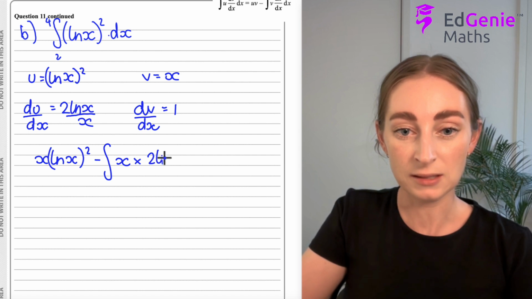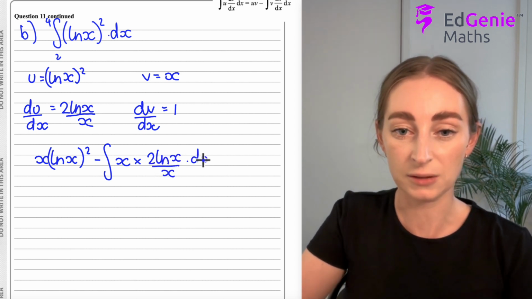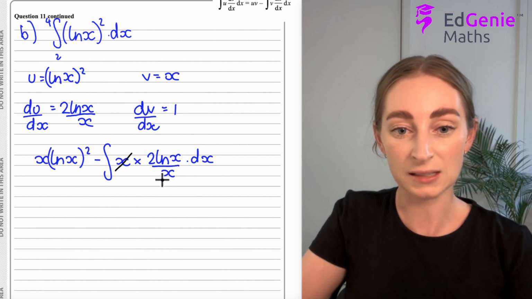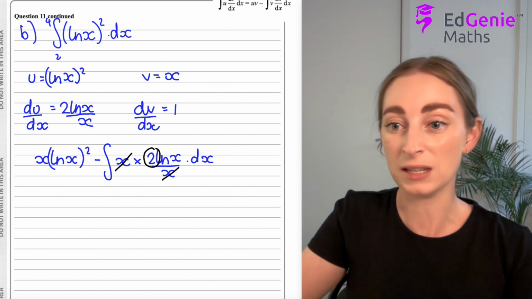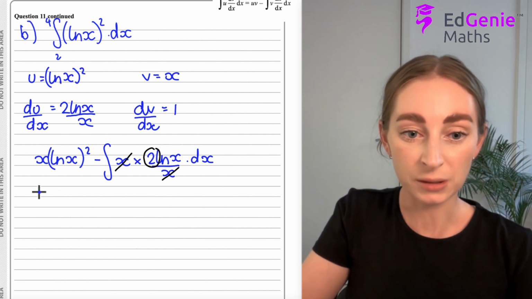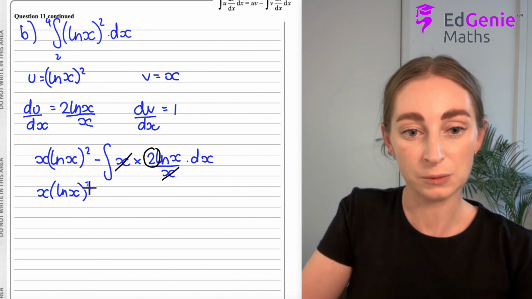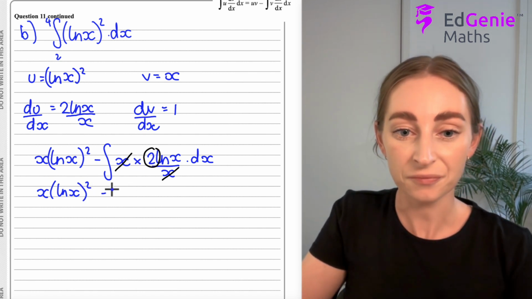So this does look a little bit confusing. Don't worry, it's going to cancel out quite nicely, because this x is going to cancel out with that x, and that 2 we can actually put outside of the integral. So we're going to be left with x ln x all squared. Don't worry about the limits, I'm going to come back to them at the end.